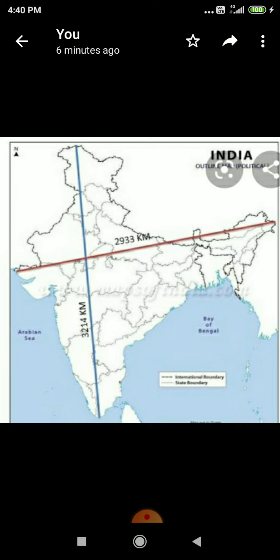Clear? Now from north to south, if we see the distance, then we have 3,214 kilometers. And at the center of the country, the standard meridian passes, which is at Mirzapur near Allahabad.